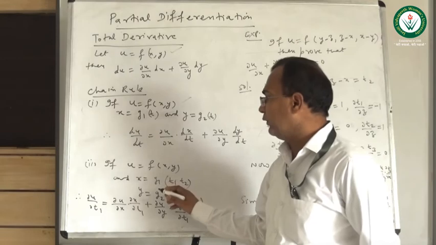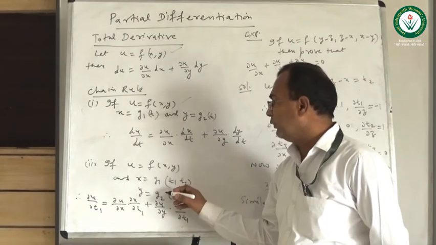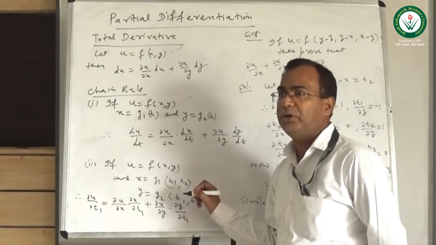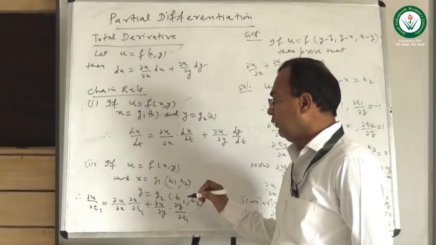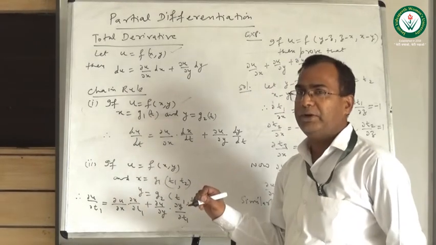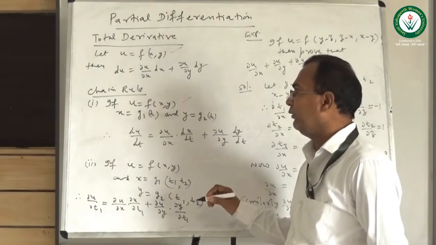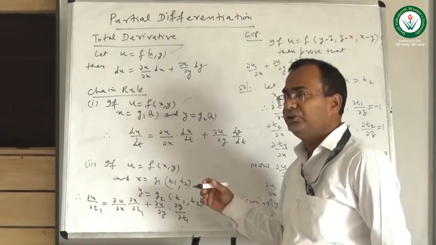So x is a function of t1 and t2, and y is a function of t1 and t2. That is our assumption. Now how can we define the derivative, which is known as the chain rule?